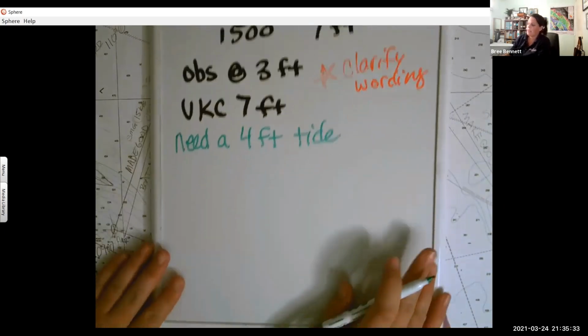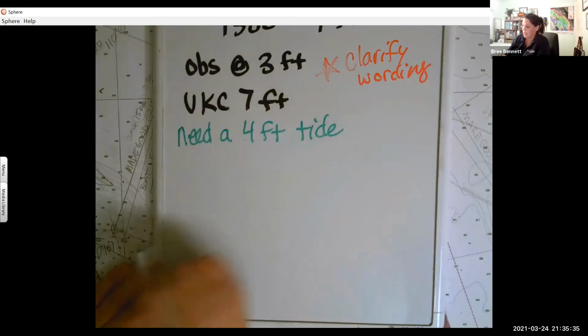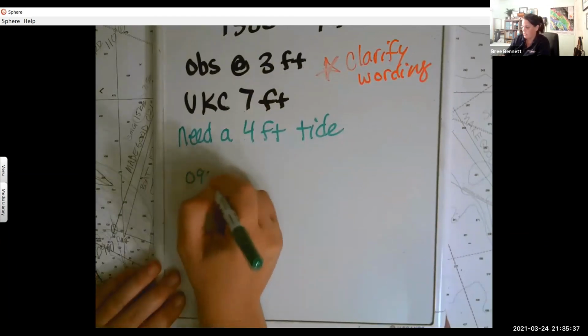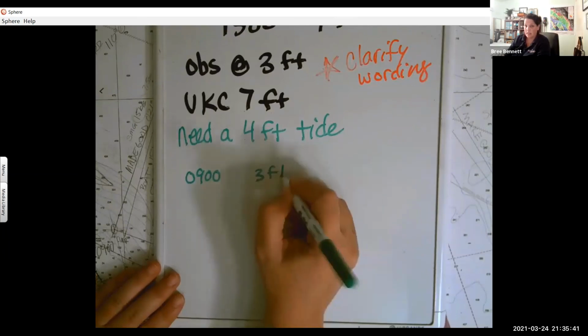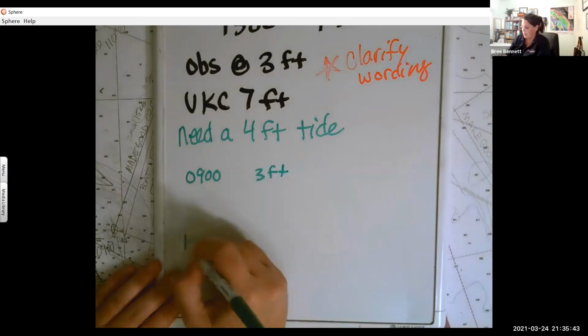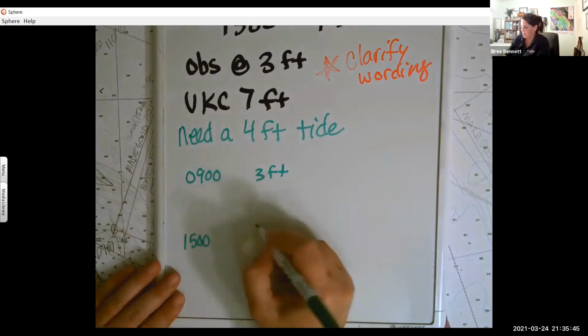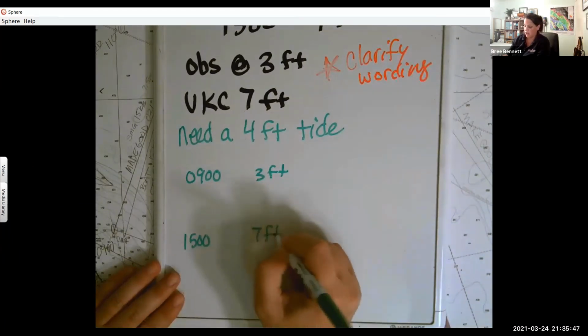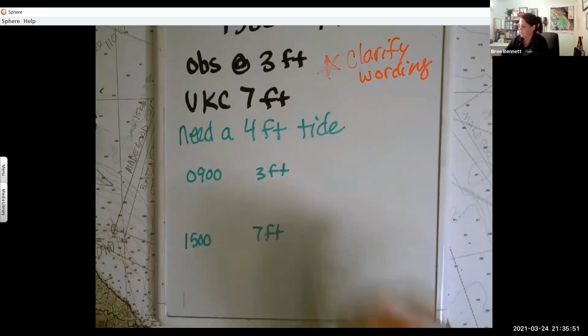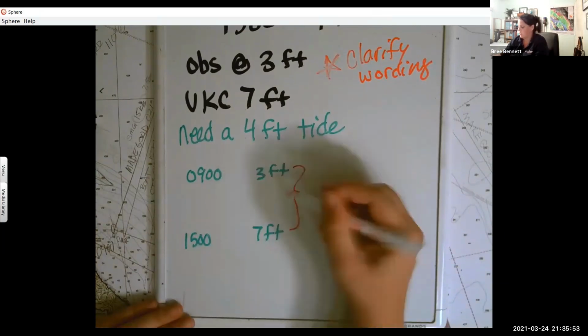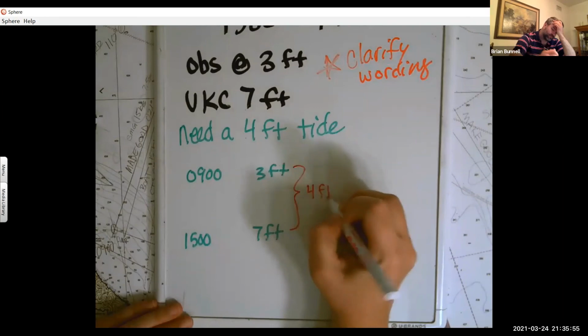Okay. So if I have 0900, it was 3 feet. And at 1500, it was 7 feet. What is my tidal range? 4 feet.